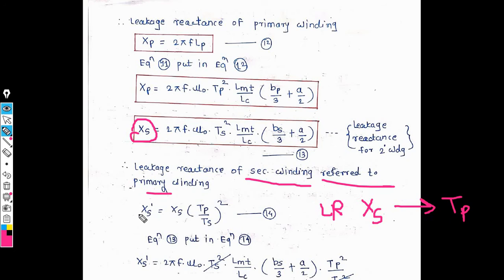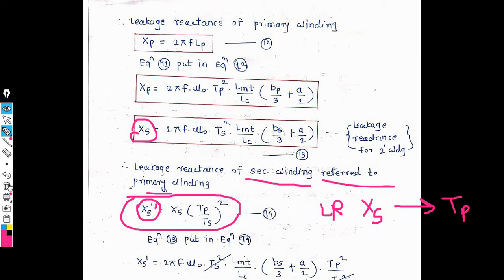X dash for the leakage reactance of the secondary winding referred to the primary winding is X into Tp upon Ts square. This is the formula used in the transformer equivalent circuit: Xs dash is equal to Xs into Tp upon Ts square.